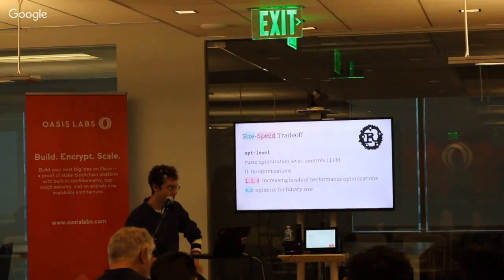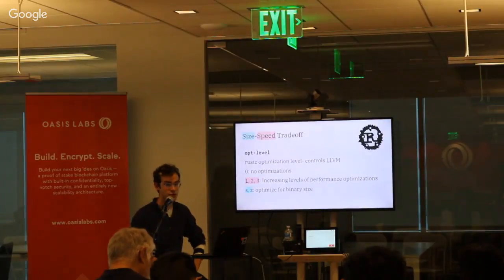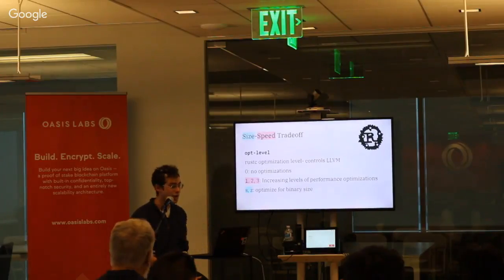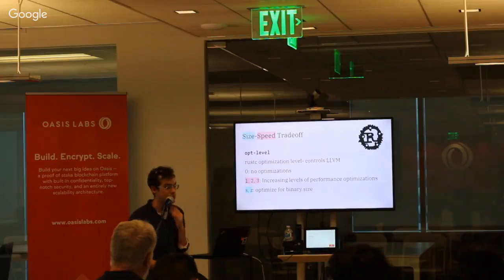Let me go into another area of things that I found out about when I was making this game, which is that the Rust compiler has some levers and trade-offs you can make in code, which is not something I was used to with some other ways I package. At least maybe you can minify JavaScript, but I was bit by this a little bit because of this optimization level.